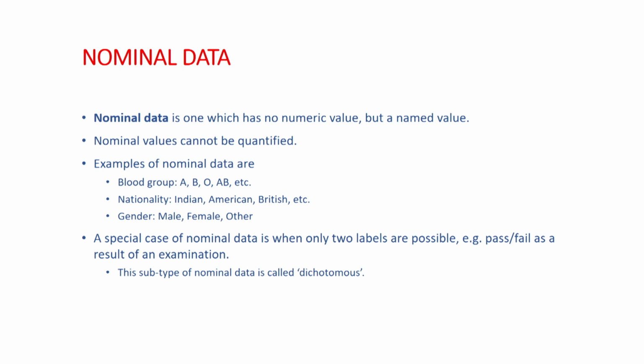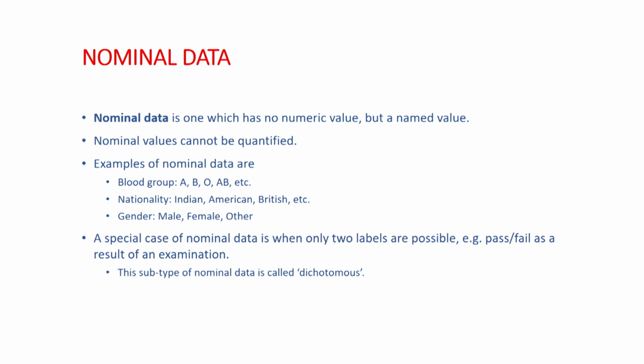In blood group, if we see the possible values, they are A, B, O, AB, B positive and so on. These are different names that are the possible values in blood group. In the same way, if we talk about nationality, Indian, American, these are different names that are possible values in the nationality attribute or feature.